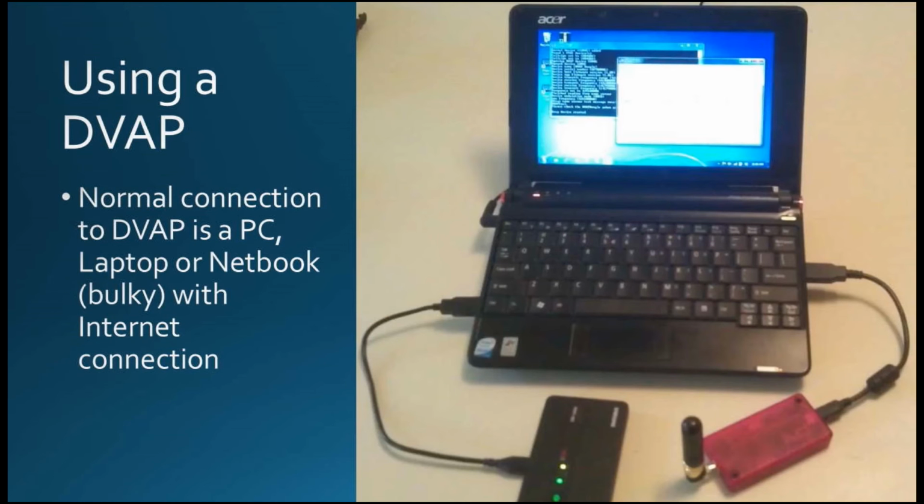When we originally started with the DVAP and would go on the road, driving to Dayton, driving to Orlando, Hamcation, you wanted the smallest computer you could get. So this is my little Acer that I had. I would stick it in the back seat of the car. You'd see it connected down there to my Verizon MiFi card to get internet, and then the DVAP is connected over on the right side.